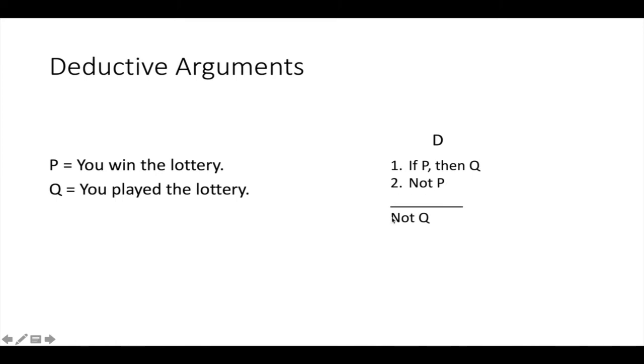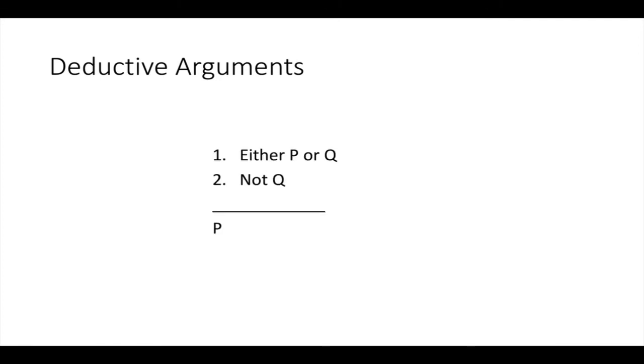Does it follow that you did not play the lottery? Well, again, unfortunately not. Many people play and don't win, which would make the first two premises true and the conclusion false. And that's just what cannot happen with a valid argument. That's why this argument is invalid.